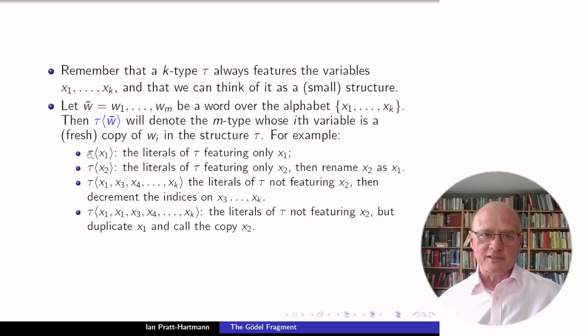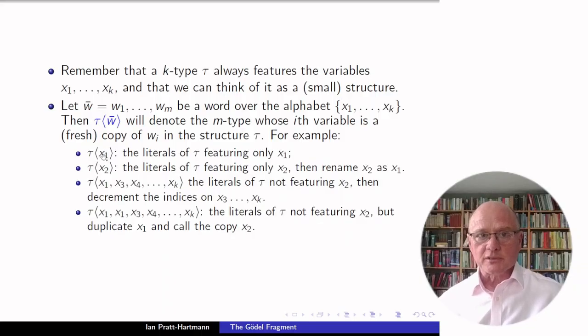So let's have a look at, so again, Tor, remember, is a k-type. So think of it as a structure, if you like, over the elements x1 up to xk, or a set of literals involving the variables x1 to xk. Tor angle brackets x1 denotes the literals of Tor featuring only x1. So because we have only one element here, we have a 1-type, and because it's a 1-type, it's a set of literals in the variable just x1.